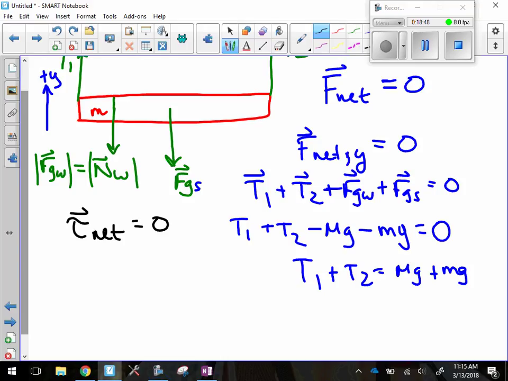Now remember, tau net is 0 around any and every axis of rotation. So you get to pick. A really good idea for picking is a place where you have an unknown.